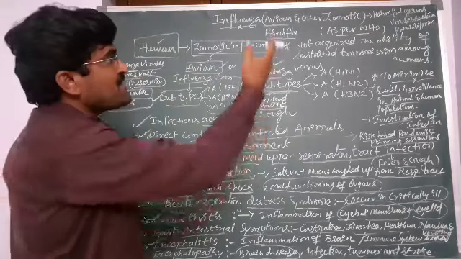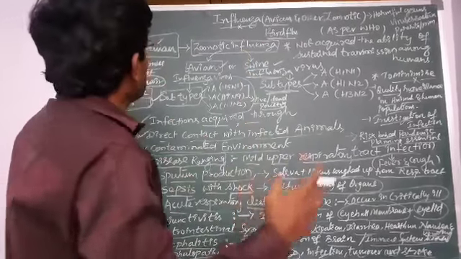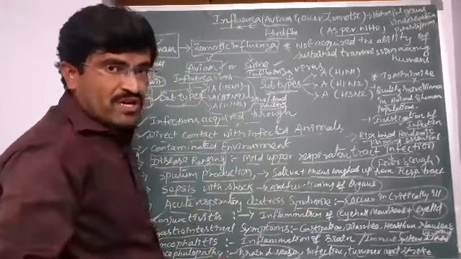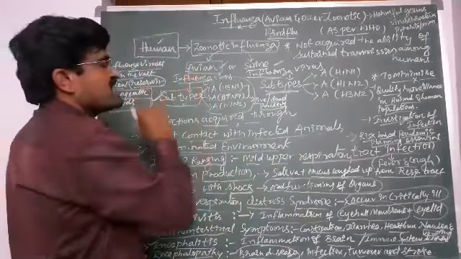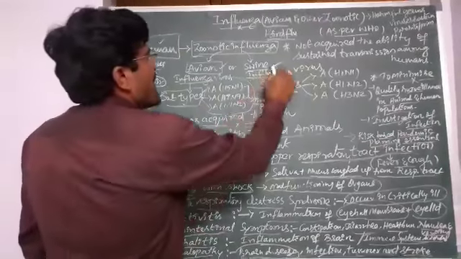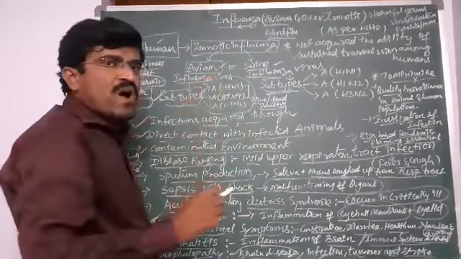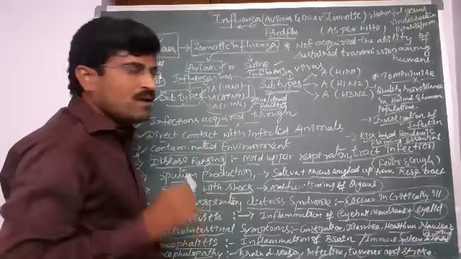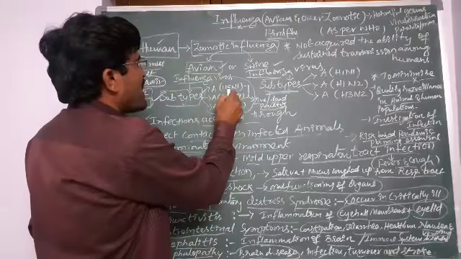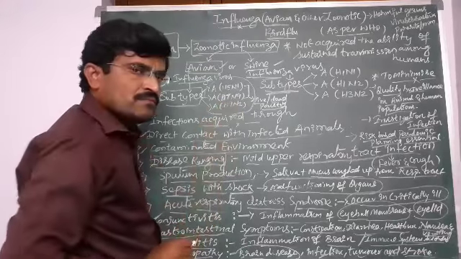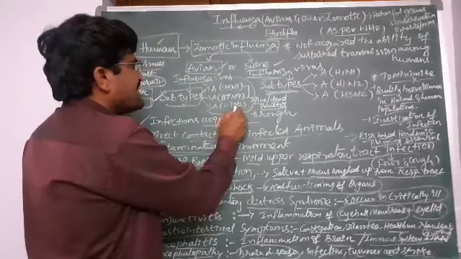As per the WHO guidelines, human beings may be affected by zoonotic influenza, in this case avian influenza virus or swine influenza virus. Under the avian influenza virus, the subtypes are H5N1, H7N9, and H9N2.